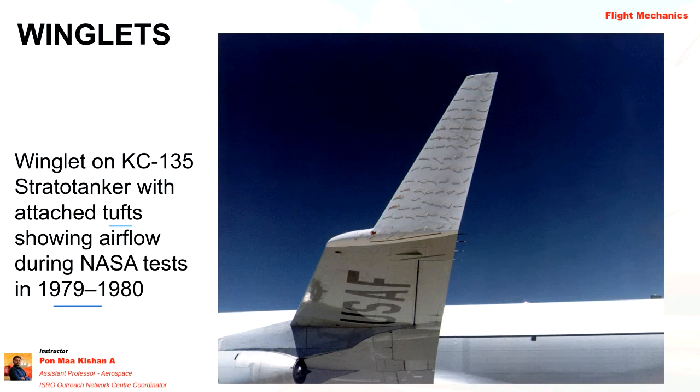In the olden days, they placed these materials above the winglet and studied how they behaved. Either it will be string or cloth type, fixed over the surface. You might have seen this in some wind tunnel testing also.